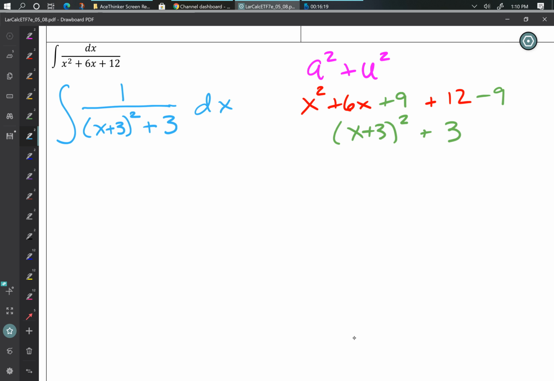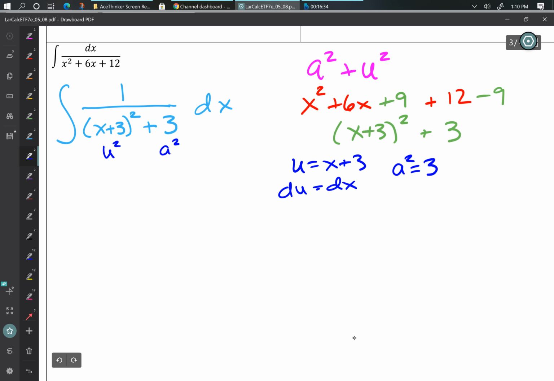Because if this is my u squared and this is my a squared, then u equals x plus 3. du is just dx. A squared is equal to 3. That means that a is just the square root of 3. I've got arctangent sitting right there talking to me.